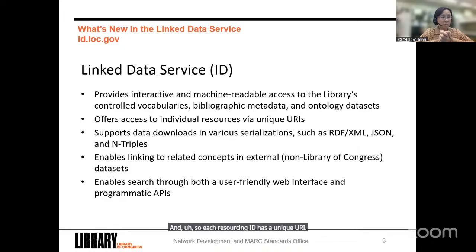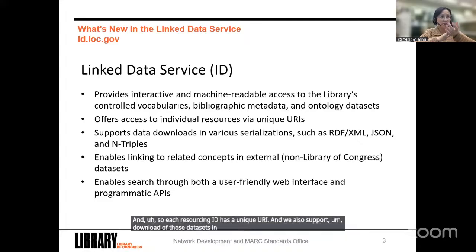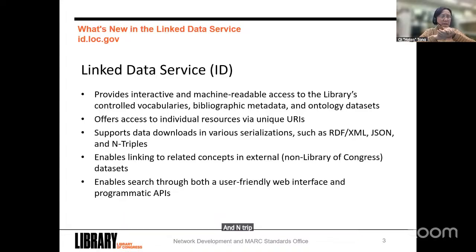We also support download of those data sets in various serialization formats, such as RDF/XML, JSON, and N-Triples. We also enable linking to some other related concepts in other ontologies or non-Library of Congress vocabularies.